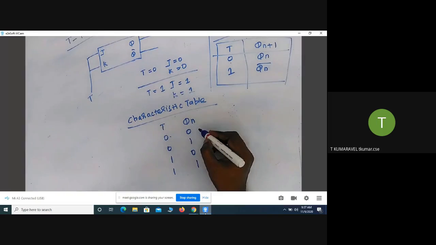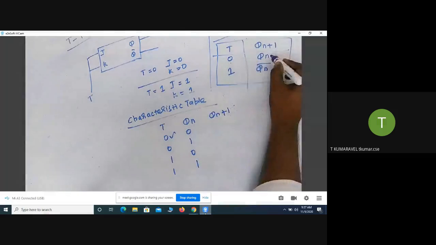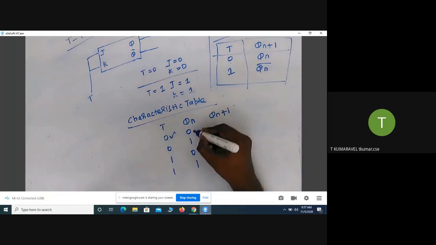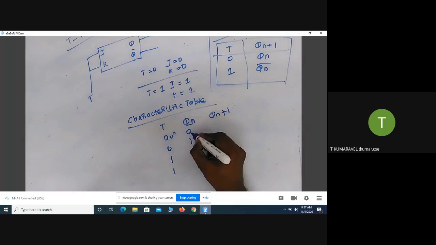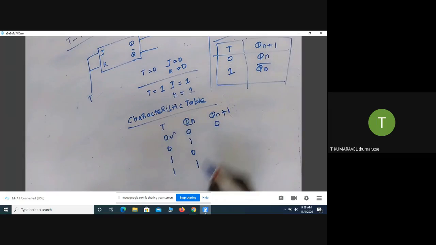How do you fill up the table? Qn plus 1. If my input is 0, it will retain the previous state. What is the previous state? Qn is called the previous state. What is the value in Qn? Qn is 0, that's why I'm going to write it as 0.